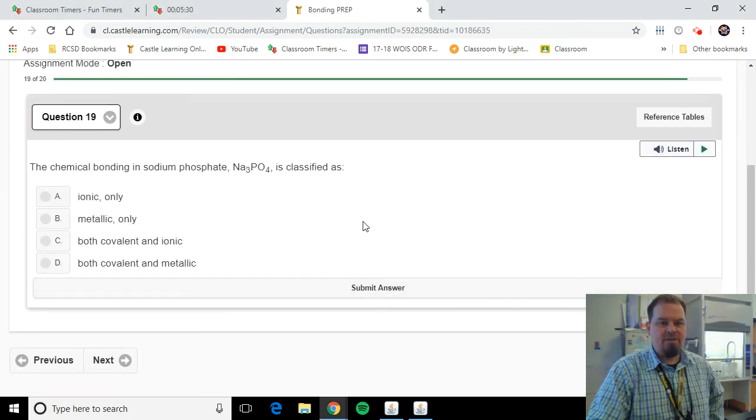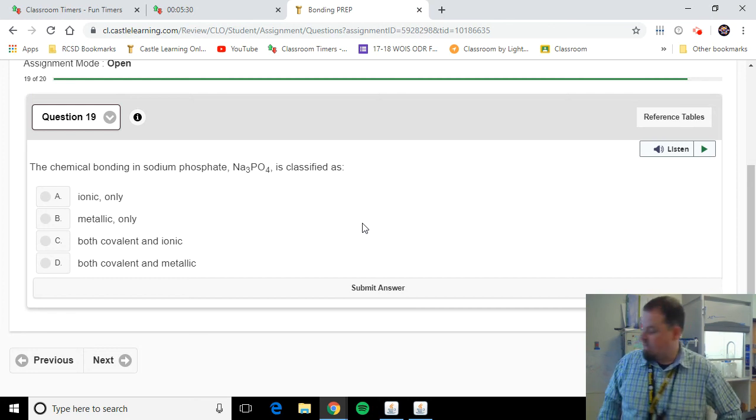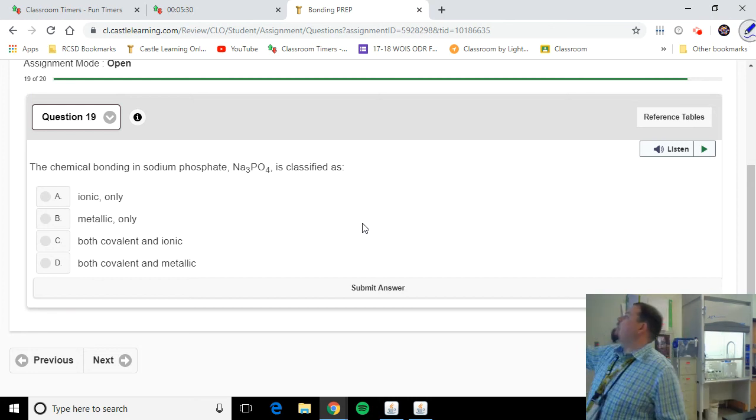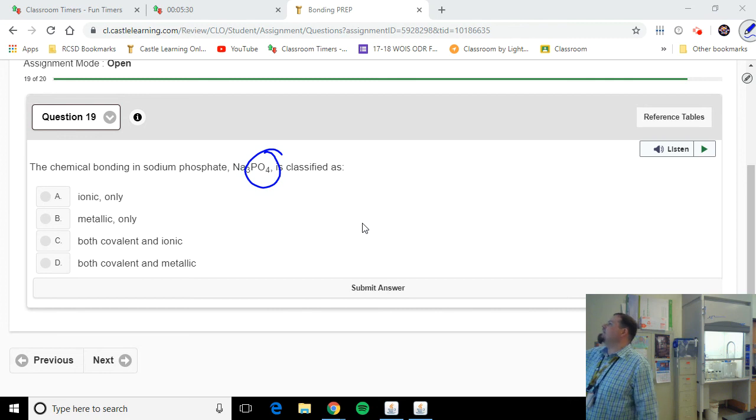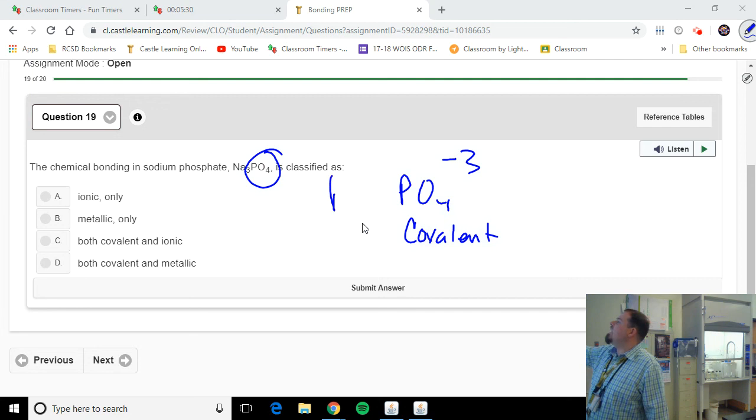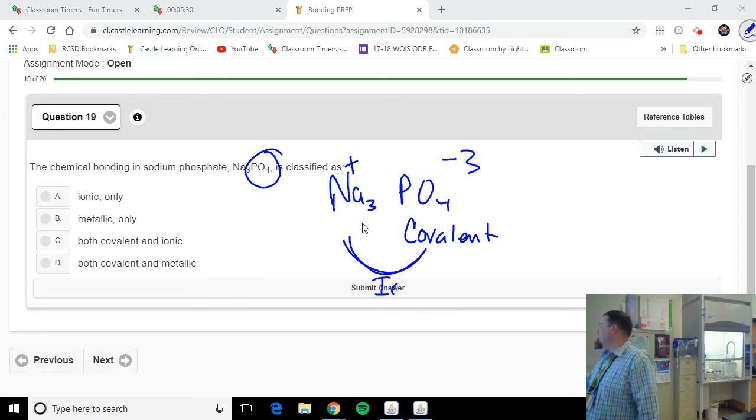All right, chemical bonding. Sodium phosphate is classified as, this is the trick, PO4. When I see a polyatomic ion, P and O4 is a covalent bond. And then it's got a charge of like -3, and that hooks up with three Na's, and this between here and here is the ionic bond.